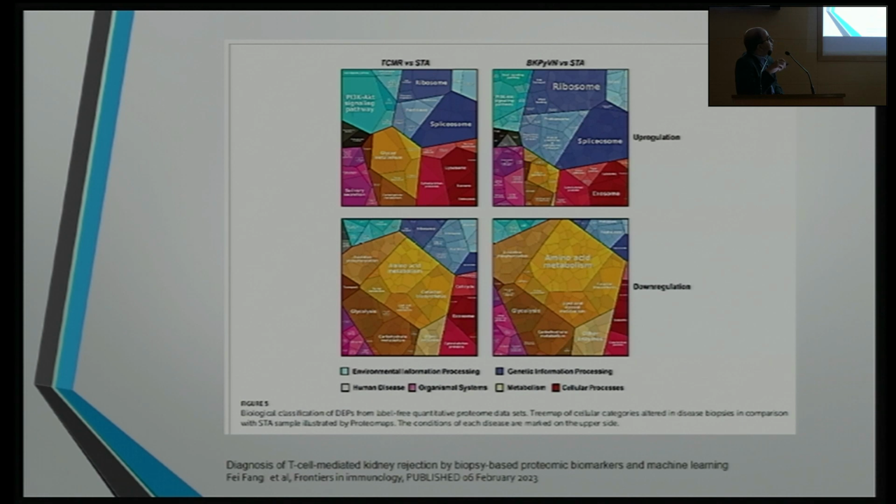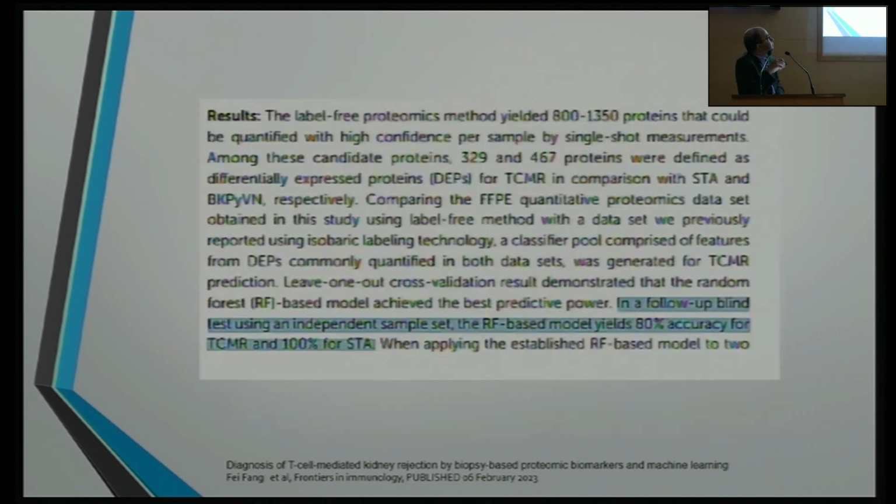This figure shows the various differentially expressed proteins and the metabolic pathways they belong to, and these were the ones which were upregulated. The upregulated ones usually belong to environmental and information processing and genetic information processing, whereas the metabolic proteins are the ones which have been downregulated.